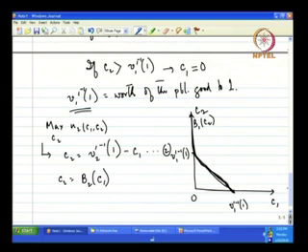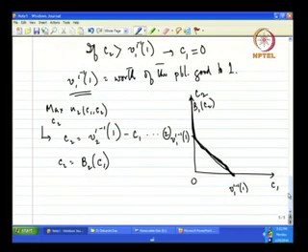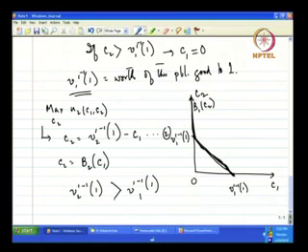Now, how to represent this? To represent this, I have to have some idea whether V2 dashed inverse of 1 is higher or lower than V1 dashed inverse of 1. Suppose it is the case that this is higher than this.